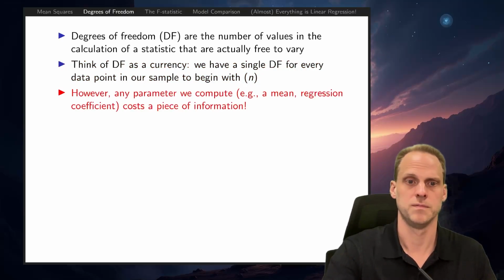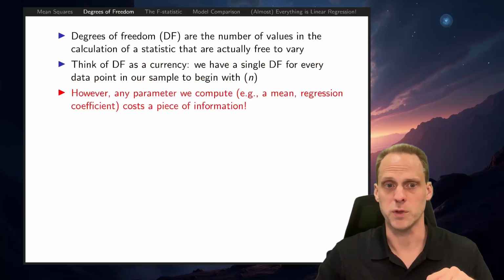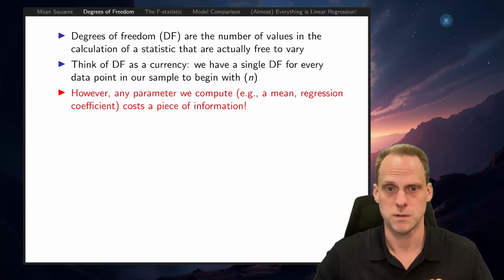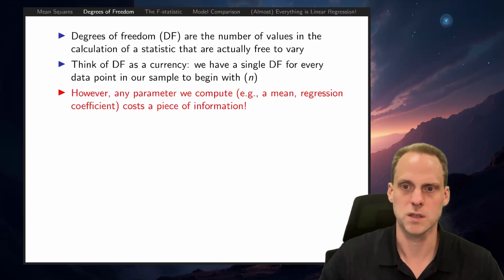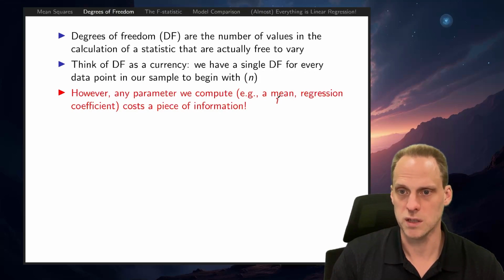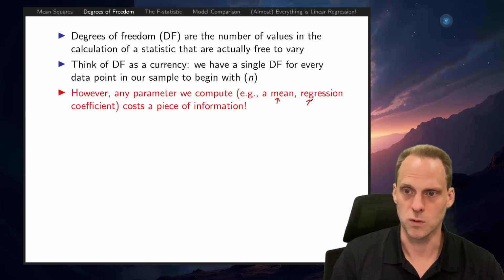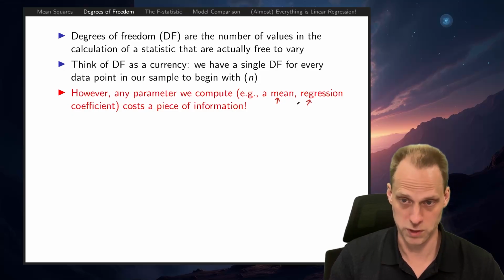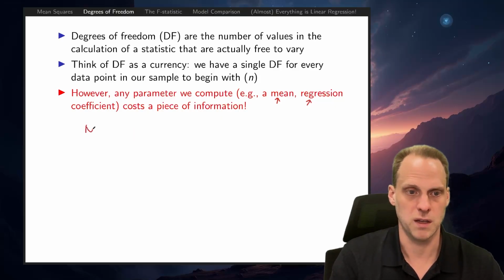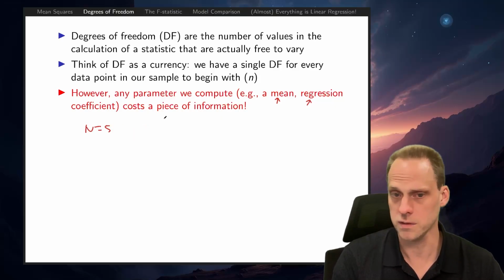Any parameter we compute actually costs us some information as well, right? This sounds a bit weird, but to calculate the sum of squares, we need the mean, right? Or actually, we need all the regression parameters, for example, for the residual sums of squares. So let's say we have n equals 5, yeah?